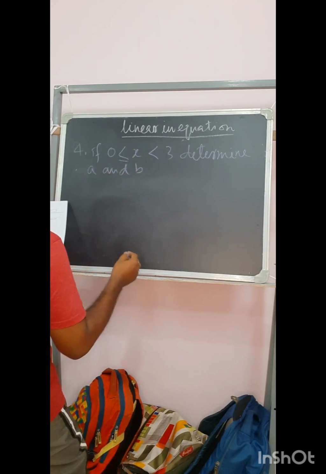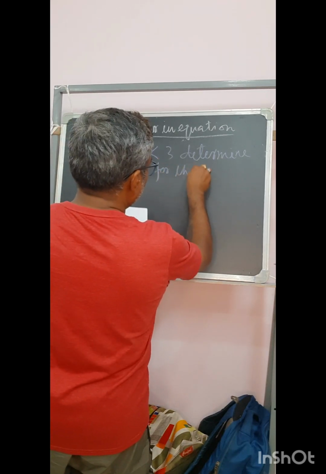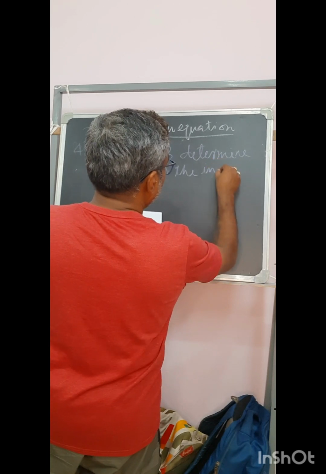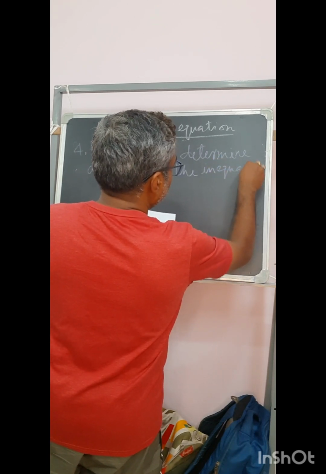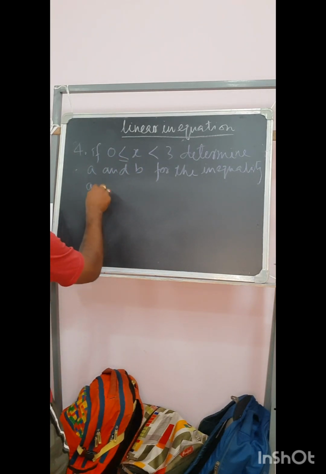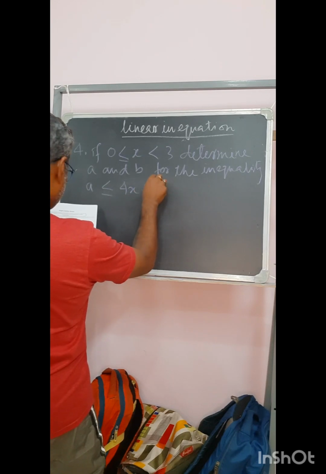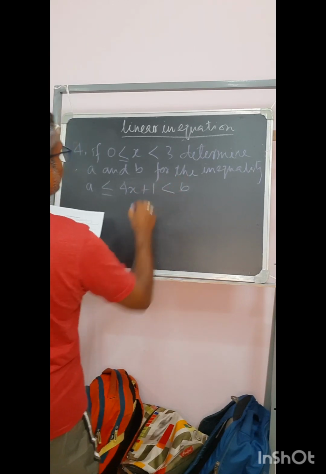What is A and B? A and B for the inequality: the inequality is A less than 4x plus 1 less than B.